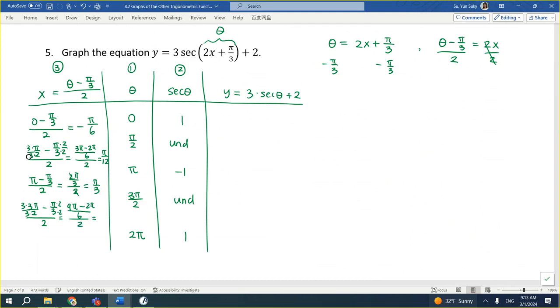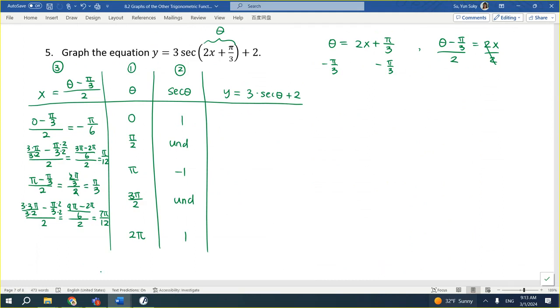What's 9 pi minus 2 pi? 7 pi. And over 6 over 2 becomes over 12. Is everybody okay with that? If you have questions, feel free to ask me.